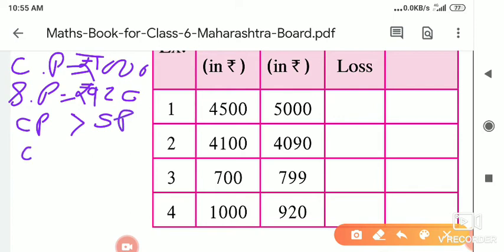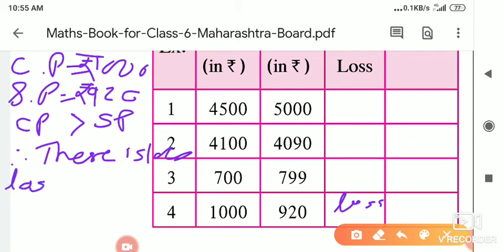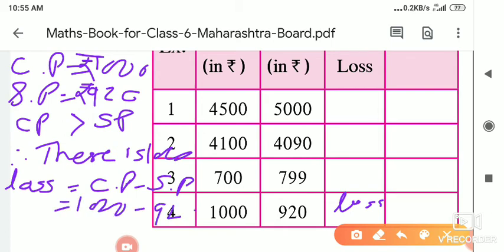As I told you, if CP is greater than SP, there is a loss. So here we have to write the loss, and to find out how much, use the formula of loss. Loss is equal to CP minus SP, cost price minus selling price, which is 1000 minus 920, equal to 80 rupees. He is facing a loss of 80 rupees.